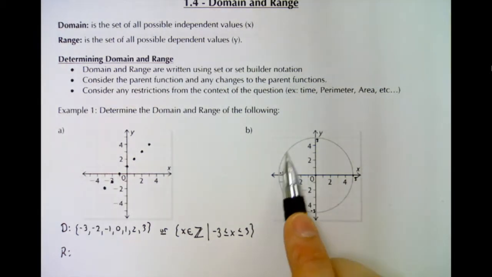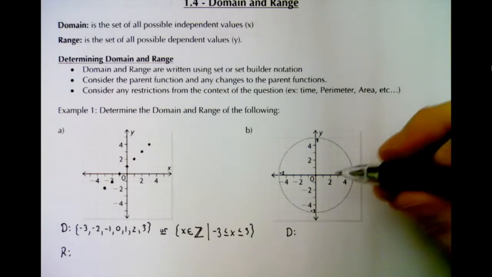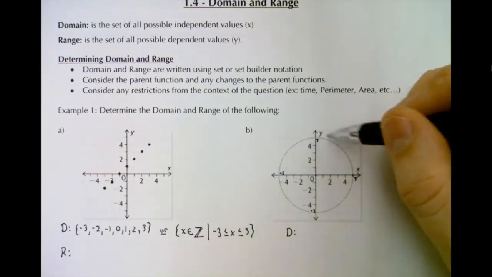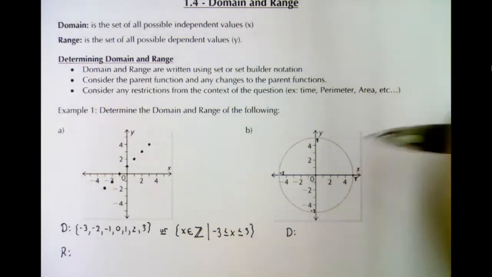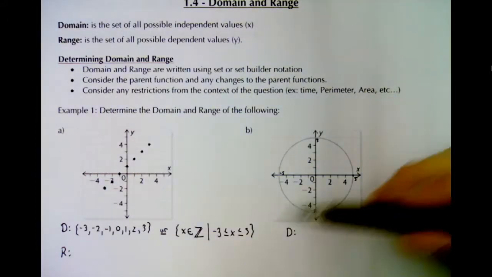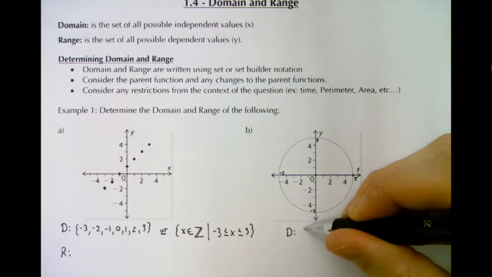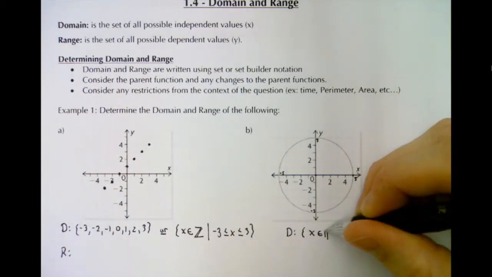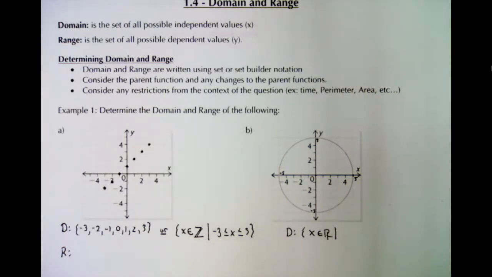And since we're connected with a nice smooth curve, we're using real numbers. So we can't just list points because we have an infinite number of points to make that smooth curve. So we can't list points using set notation. We have to use set builder. So we have to say, okay, since we're connected with a nice curve, x belongs to the reals. And then we have to think about the smallest x.